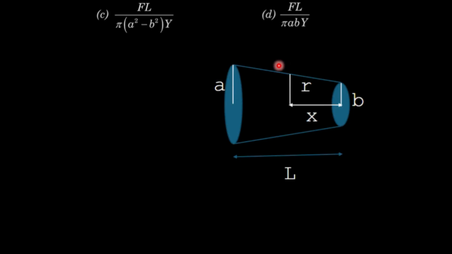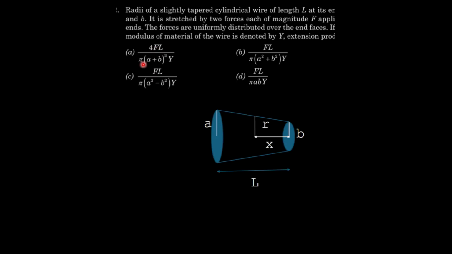Then we could have used the direct formula. Strain is stress at any section, which is uniform everywhere. So stress is F over πr², and in that case the formula would become like this.